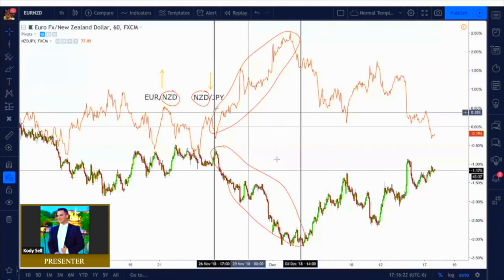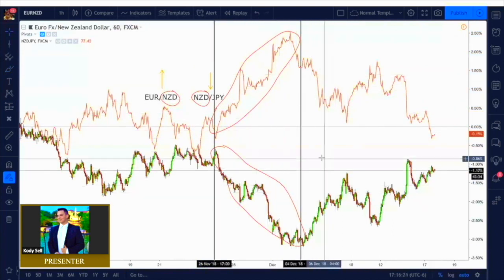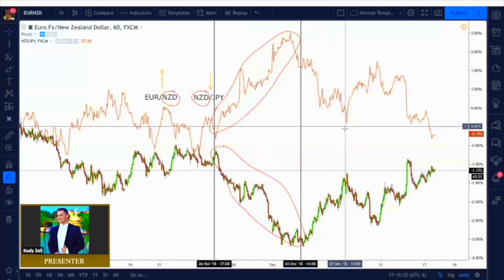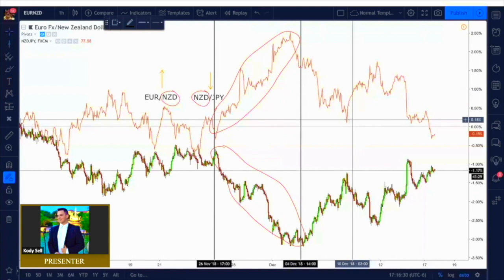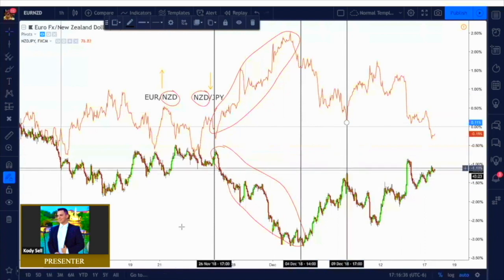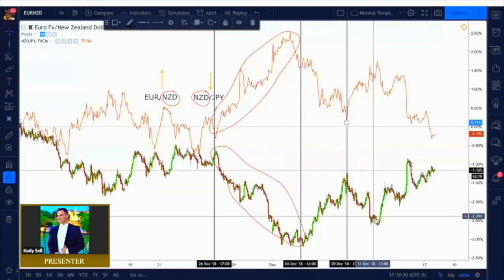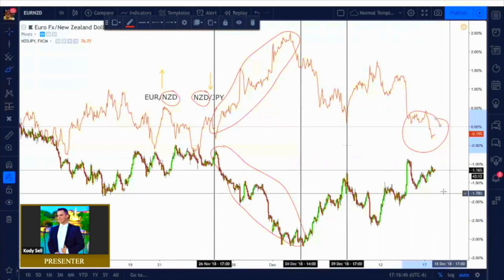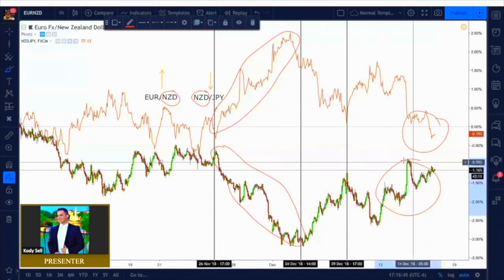So we have anti-correlation here. And look what happens when this is over. We go down, until right here, where we start to rise again on New Zealand yen. And here on Euro New Zealand, you can see that it's at this point that we start to fall again, and back and forth we go. In the live market, New Zealand yen is actually dropping and Euro New Zealand is rising.